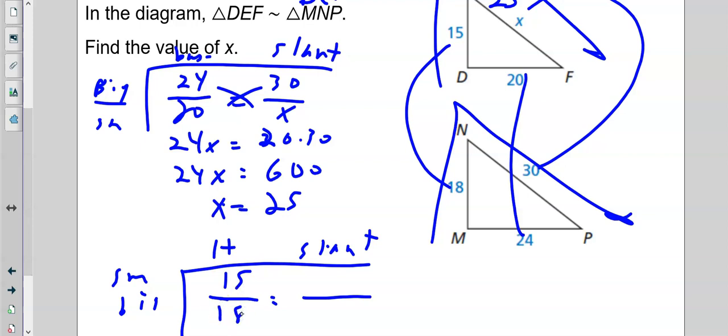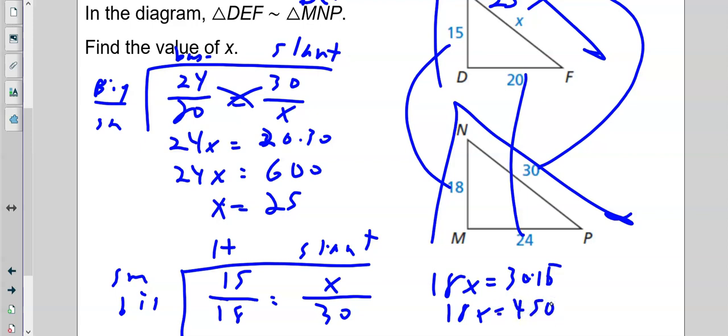And the small slant is x, and the big slant is 30. I would get 18x equals 30 times 15. So that's 18x equals 450. And guess what I would get if I divided by 18? I would still get 25. So this system is almost foolproof.